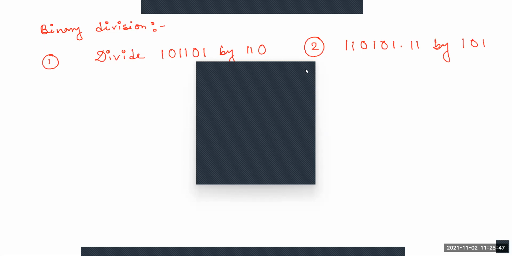Yes, now I am getting the right answer from Anjali Kumari. She gave me the right answer, that is 1010.11. I will give you 1 or 2 minutes for this problem, then we will see.